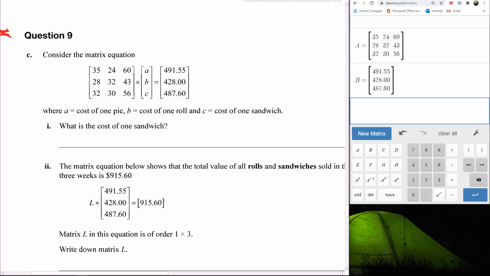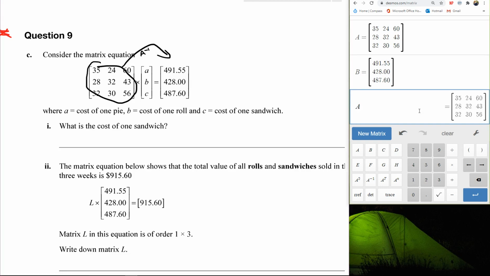Now, in order to do that, when you have a question like this, remember you've got to get this matrix, bring it to the other side, inverse it, and then multiply it with the answer matrix. I think I've called this matrix A. So you're going to inverse it, multiply it with this matrix to figure out what A, B, and C are. I've done that here already.